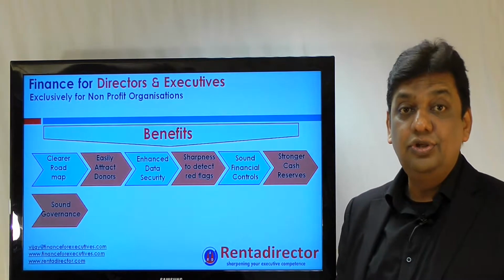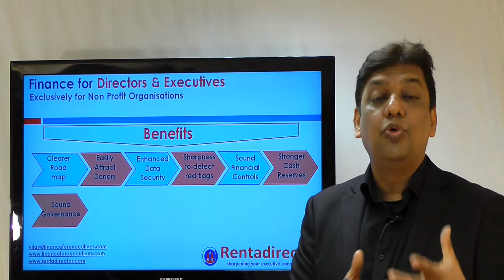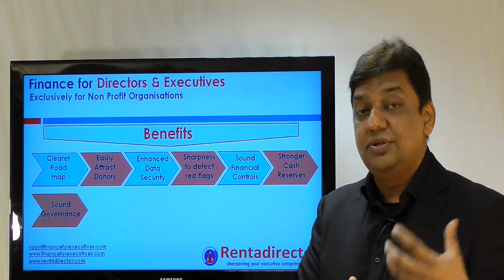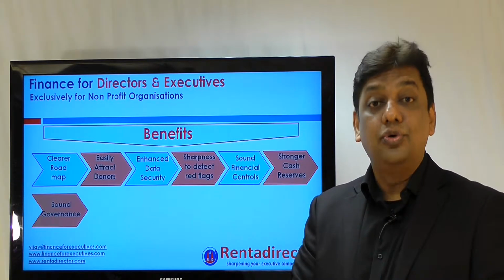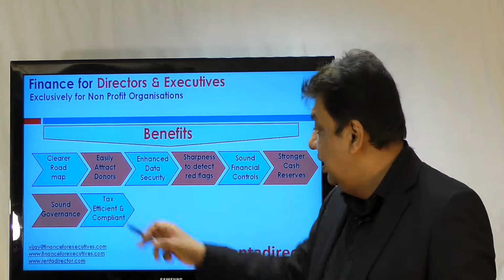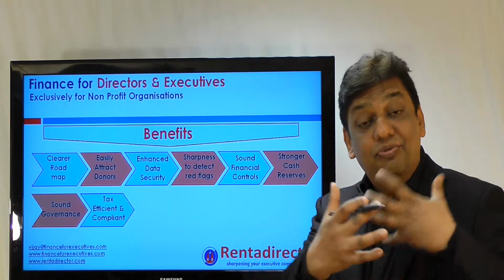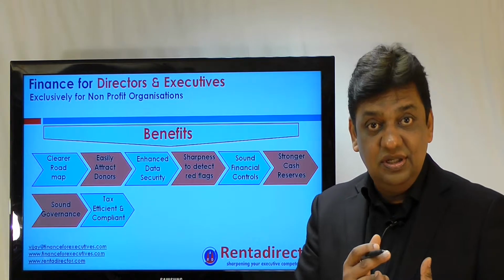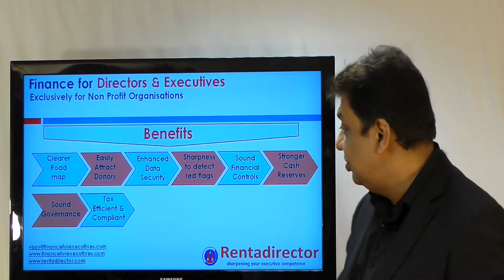Sound governance. You will have applications of best practice and sound corporate governance practices in place. I'll be even sharing with you certain policies. There are certain policy constructs which can help grow your non-profit organization, and all this will be shared with you. Tax efficient and compliant. You'll have more value as far as stakeholder recognition is concerned, and what other regulators have to say about your non-profit organization.